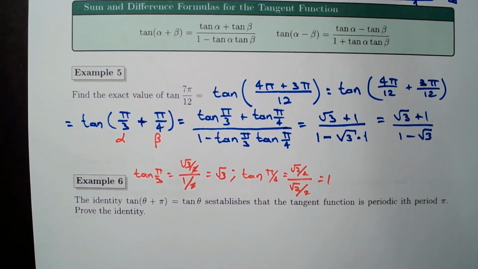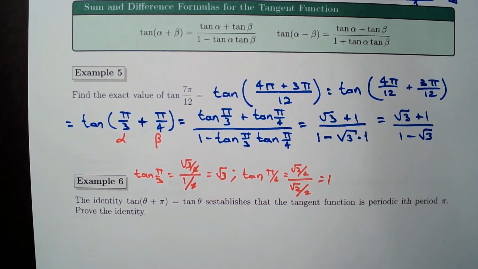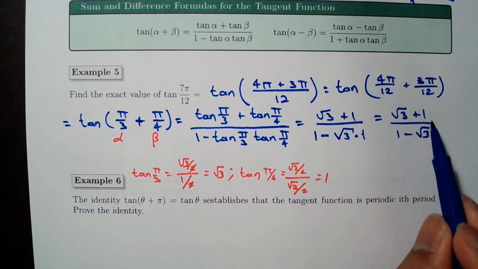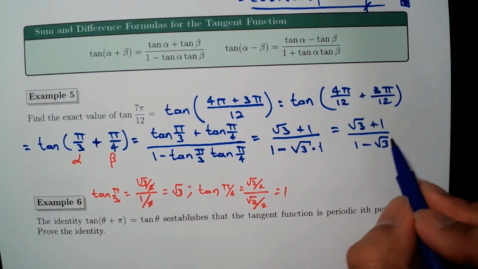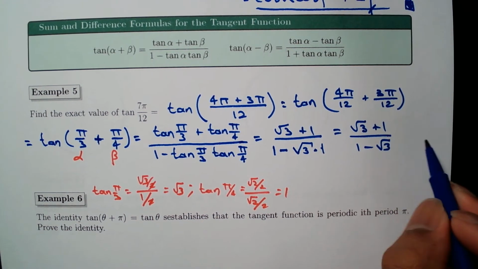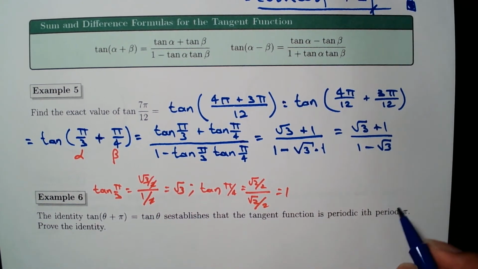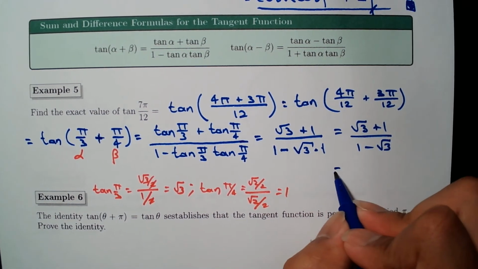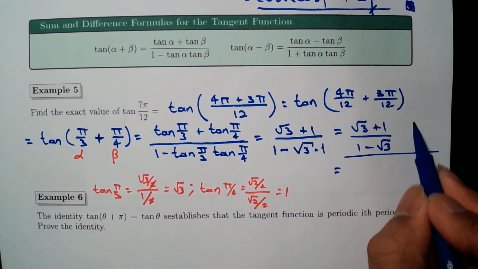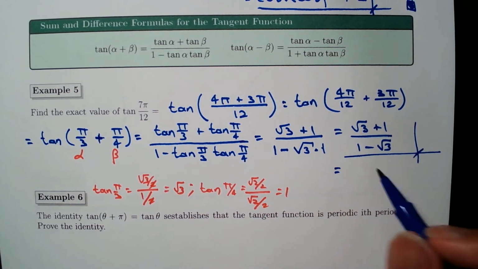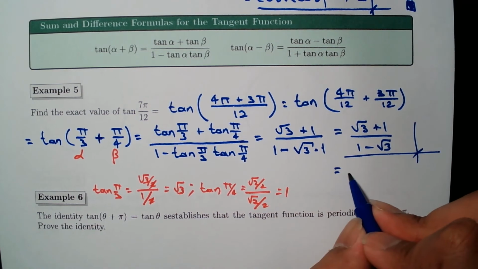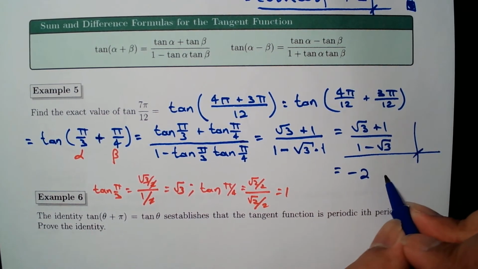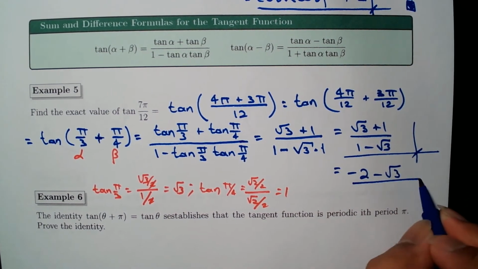In this case, we can leave it like this. It is fine to leave it like this, or we can rationalize the denominator by multiplying by the conjugate of the denominator. This one I'll leave up to you as an exercise. If you wanted to simplify a bit further, you should obtain negative 2 minus root of 3.